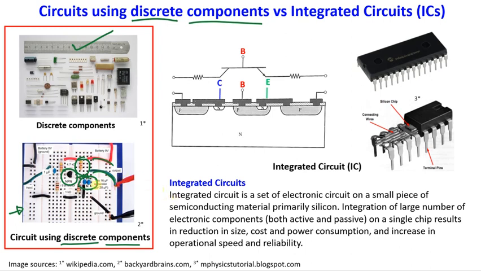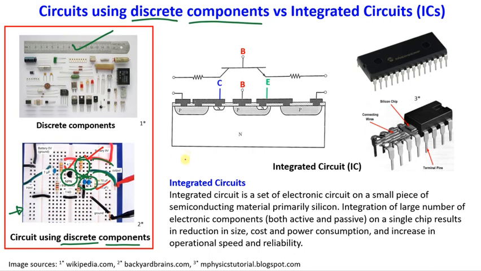In these discrete components, as we have already discussed, this resistor is made up with some carbon film, right? This is a transistor, made up with silicon, right? If this is a capacitor, then it is made up with two parallel plates, and in between some either ceramic or some oxide, right? What we have discussed, isn't it?